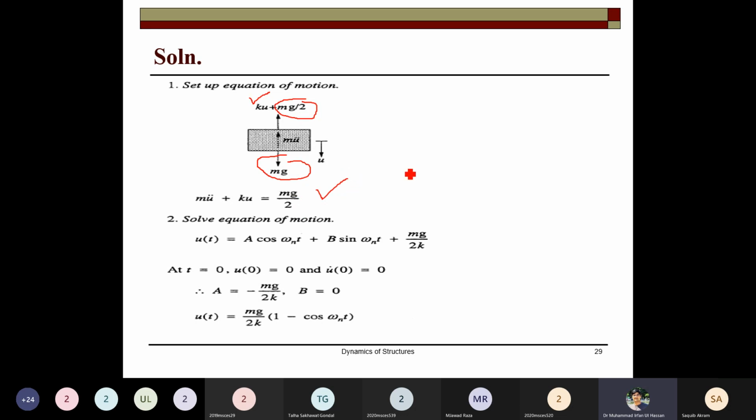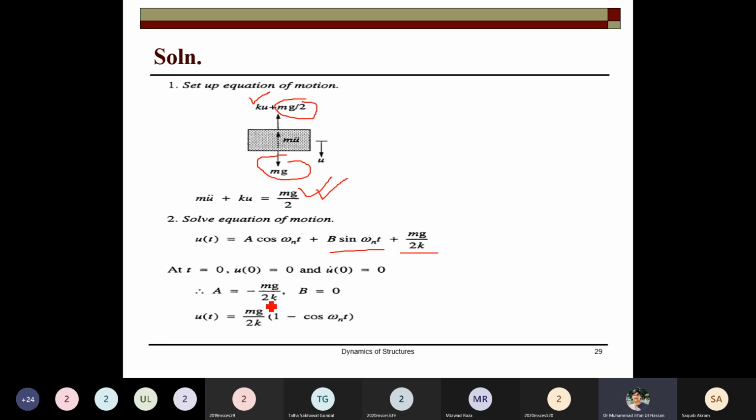You know that the general solution of the equation of motion for an undamped system is A cos omega n t plus B sin omega n t. And this force is already given. So u of t is a function of this spring. At time 0, now determine the constants.